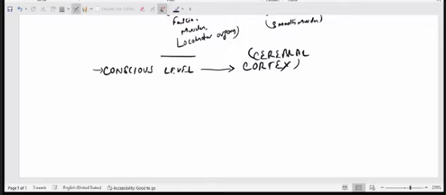Like your joint position in space. Suppose you close your eyes, and I tell you to put a hand in a particular position, even after closing your eyes, you can take your other hand to that particular position. Correct? That is called proprioception. Clear? That is always happening through the receptors present in the joint.